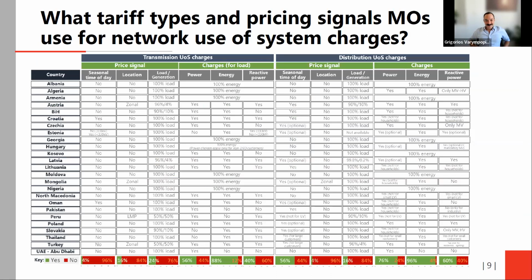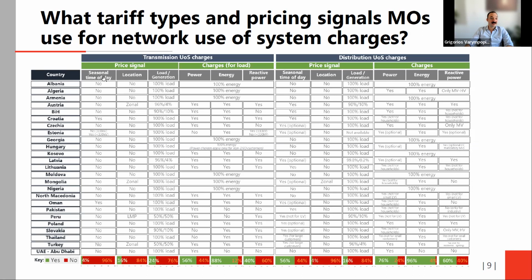So this is a heavy table here, and I've tried to summarize here what tariff types and pricing signals MOs use for network use of system charges in practice. I'll try to simplify this table a bit. In the rows, we have the countries that were surveyed. And then in the columns, we see what practices are adopted in terms of price signals.